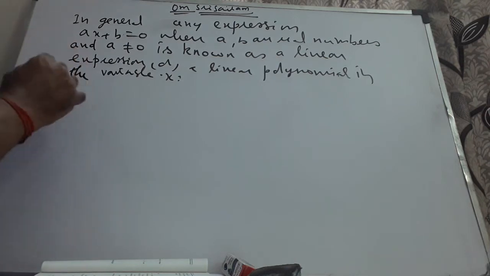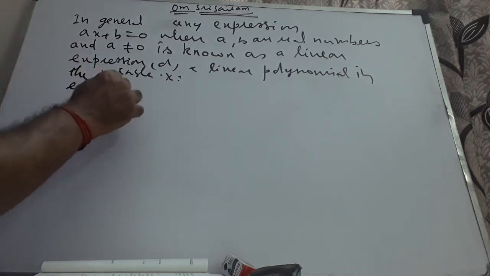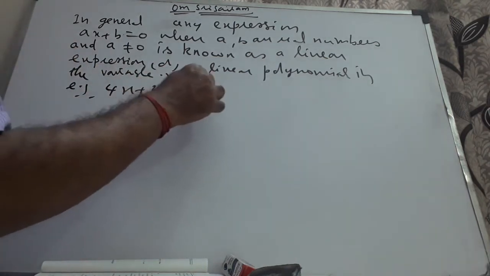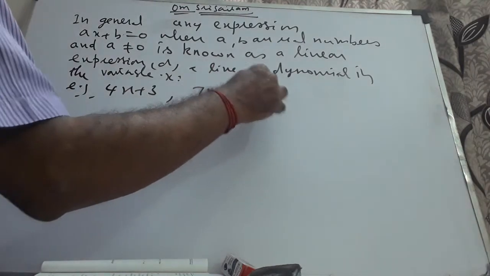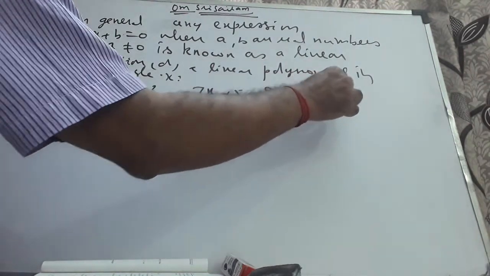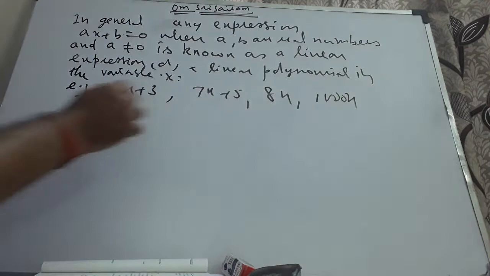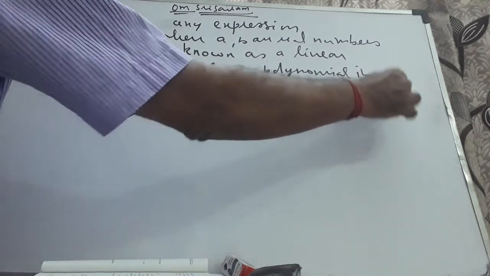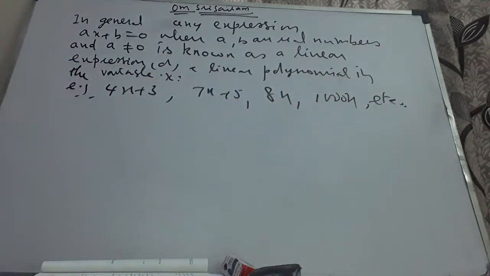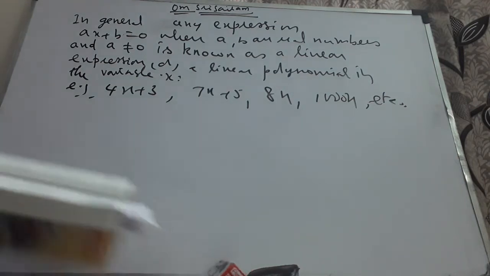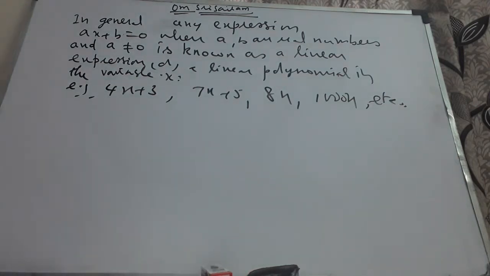Now, for example, we can think about 4x plus 3, 7x plus 5, 8x, 1000x, etc. These are examples of linear polynomials or linear expressions, we can say.